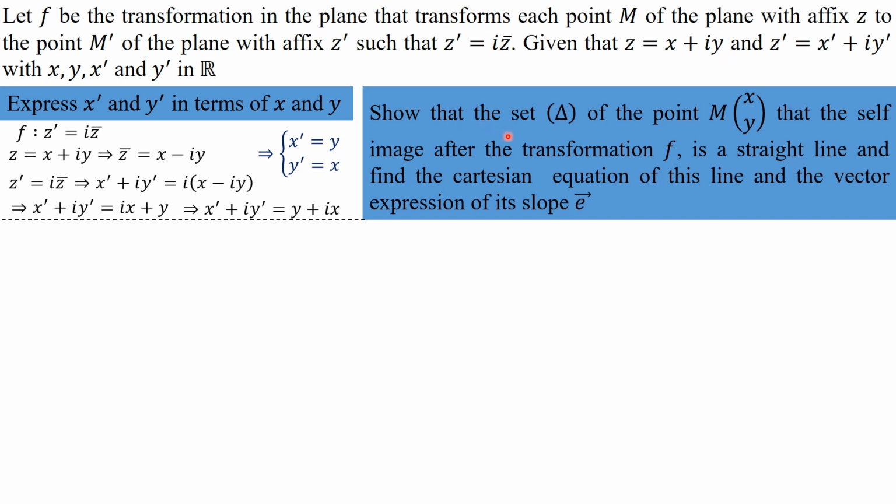Next, show that the set delta of the points M having coordinates x, y, that are self images after the transformation f, is a straight line, and find the Cartesian equation of this line and the vector expression of its slope.